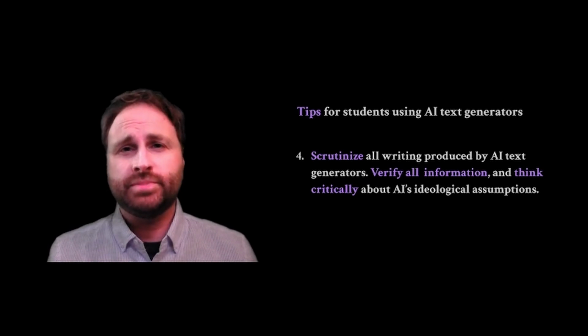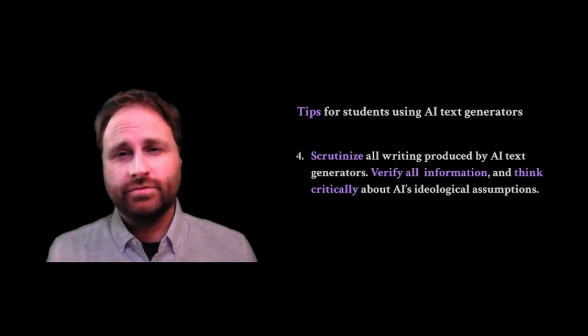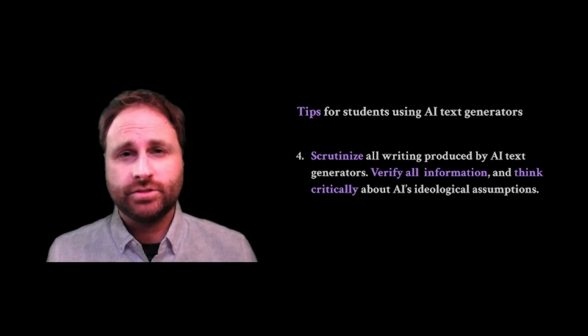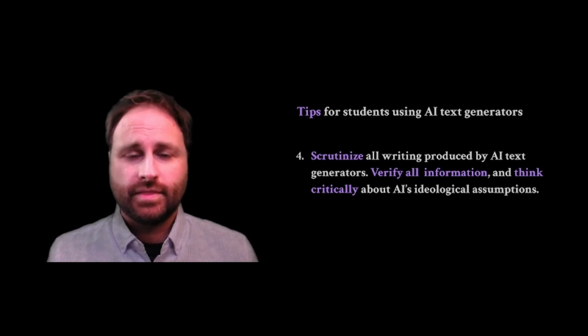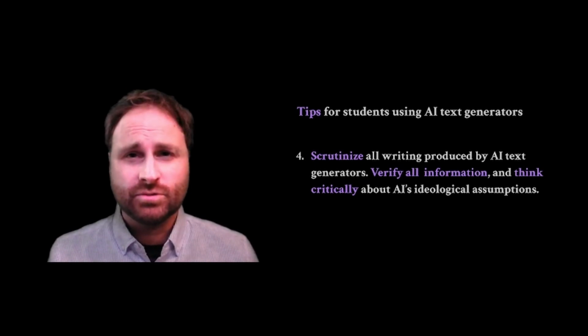My final tip is this: scrutinize all writing produced by AI text generators. Verify all information and think critically about AI's ideological assumptions. In the first two videos of my series, I discussed some potential dangers of using AI text generators, including that they tend to make up fake facts and fake sources.